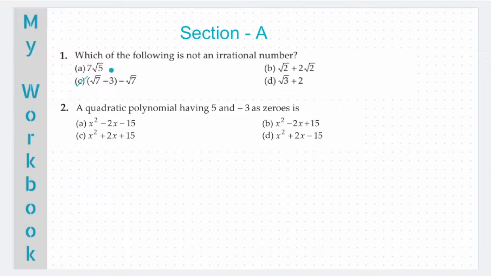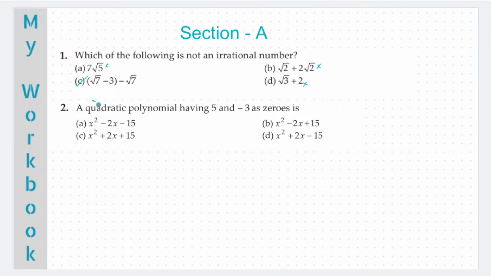So here we have square root of a prime number, so this will be irrational. Here again square root of 2 will be irrational. Here square root of 3. So A, B, D are all irrational numbers.